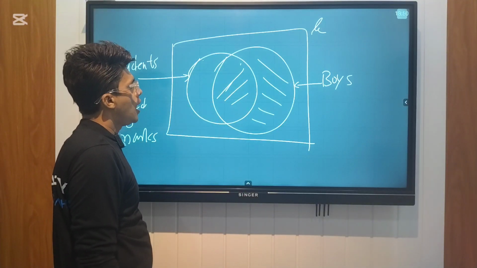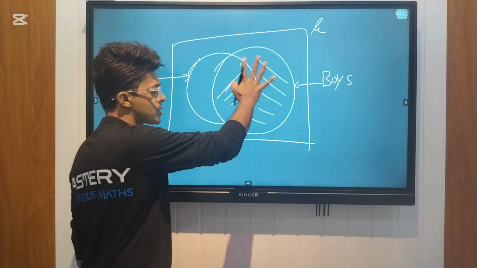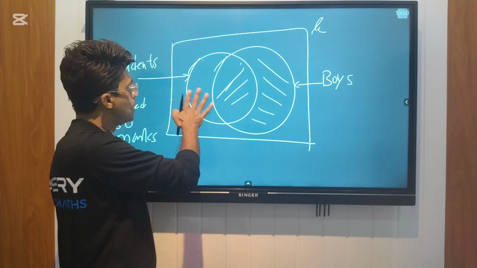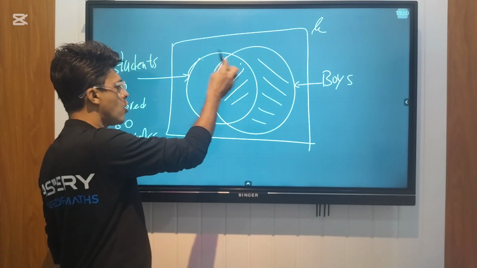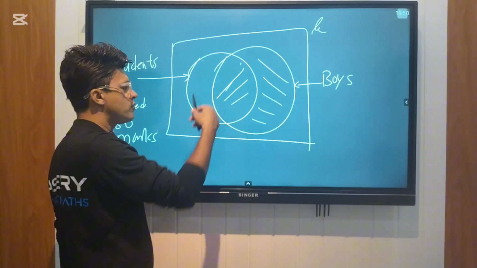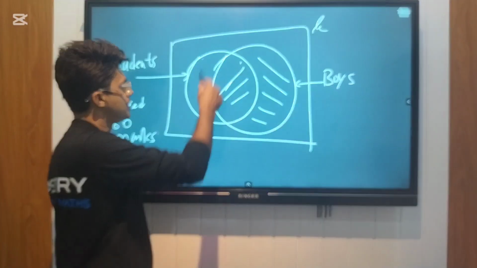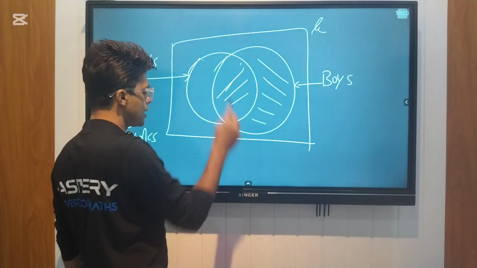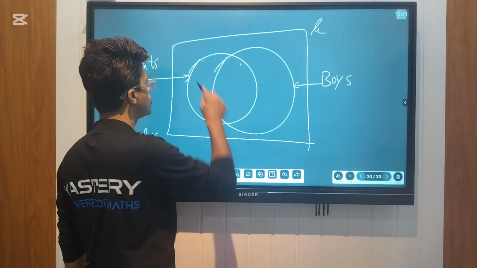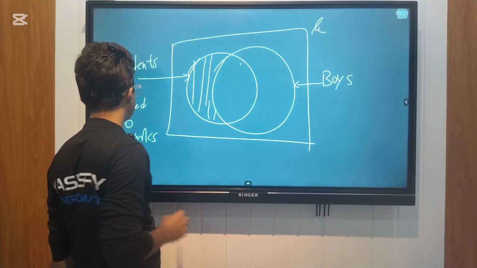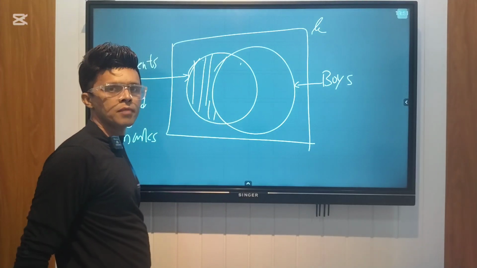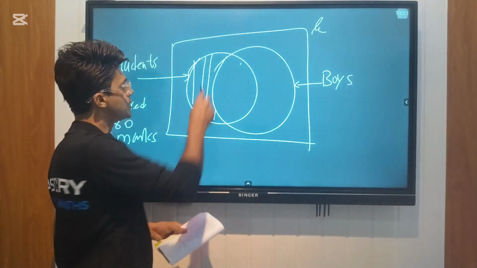The boys are in this whole circle, and out of it there are boys and girls. Then this segment has girls who scored 80 marks. In this segment, boys who scored 80 marks. This is the answer.